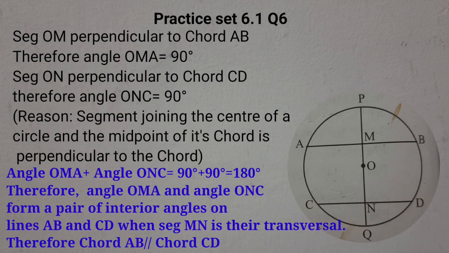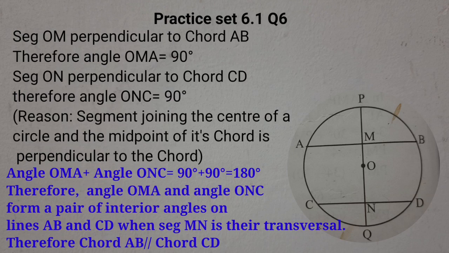Now we will add angle OMA and angle ONC. Angle OMA plus angle ONC is equal to 90 degrees plus 90 degrees, which is equal to 180 degrees. Therefore, in the picture, if you add these both angles, you get 180 degrees, which means these both are interior angles, and according to the interior angles test, if the sum of two interior angles is equal to 180 degrees, then you can say that those two lines are parallel to each other.